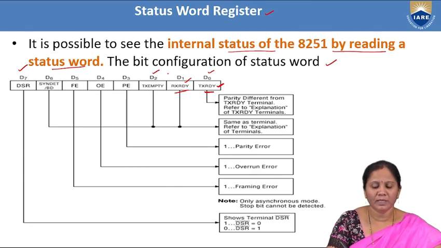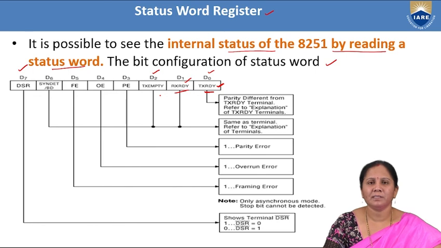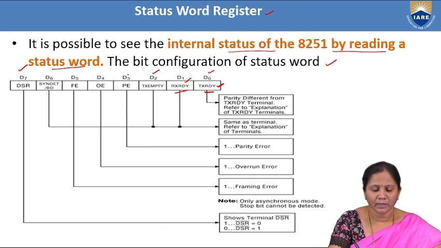And the D2 bit is TXEMPTY. It represents transmitter empty. When the signal is enabled, it represents that the transmitter is empty and there is no more data present at the transmitter to transmit. And the D3 bit represents PE, parity error.